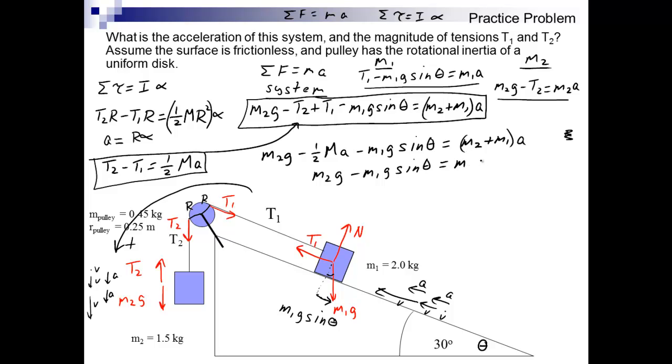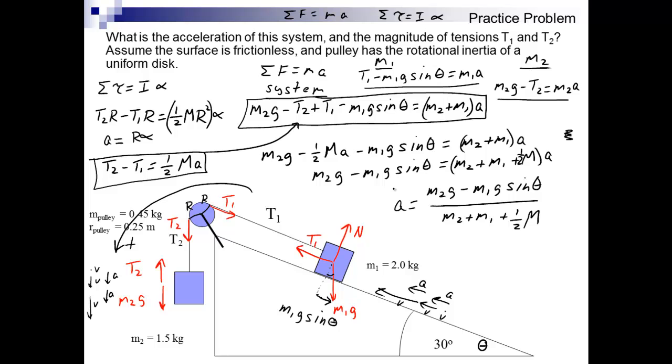So I'll have M2 plus M1 plus the mass of the pulley, capital M, and all of these times A. So once again, combining like terms, I'm going to factor out the G here, and I've already factored out the A, so solving this for A will give me M2G minus M1G sine theta, all over M2 plus M1 plus 1/2 M. And I can also combine like terms in the numerator if I'd like.